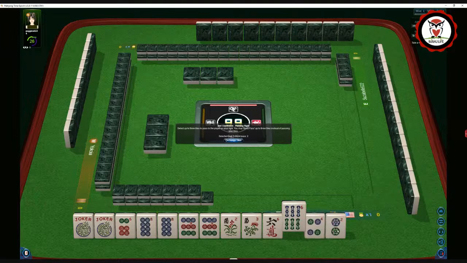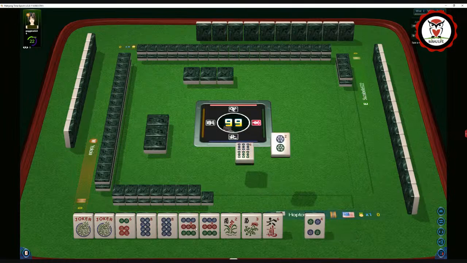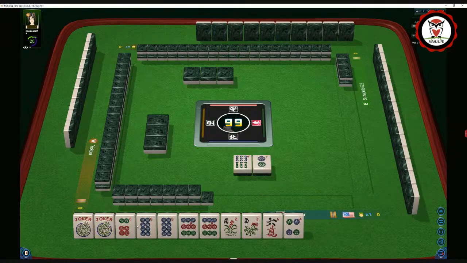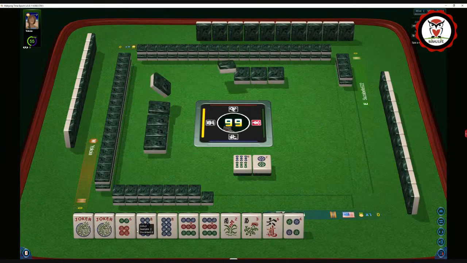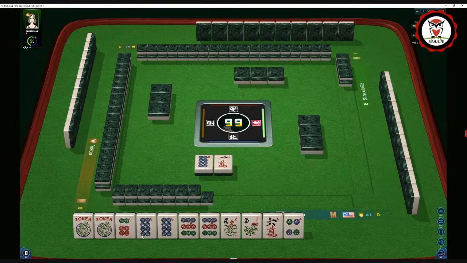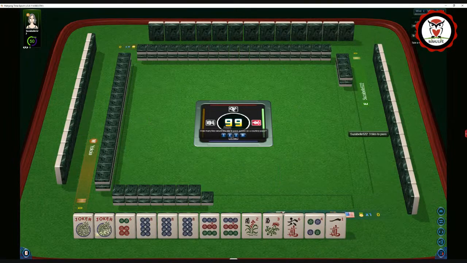I think what I would do here is pass 2 because of the risk and because we have a gap. We have no white dragon and no 7 dot. There's really no other way we can go here with a gap. So white dragon or 7 dot would be ideal. We do have jokers that we can use.